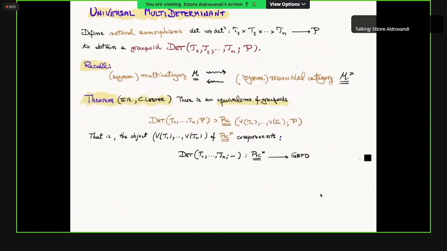explicitly. And so this object here, which is a string of virtual, so universal determinants for each one of these triangulated categories, is in a sense the object of this symmetric monoidal category that co-represents this functor here.